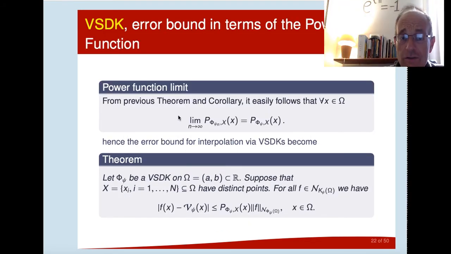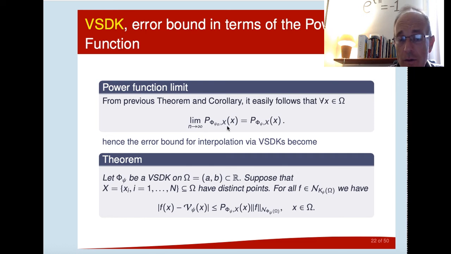The same also for the power function. So we have the same for the power function, and so we can get this limit construction here, this estimate for the pointwise error in terms of the power function.